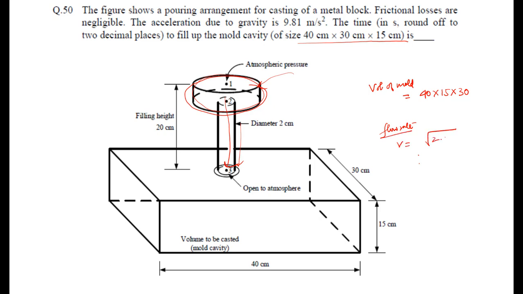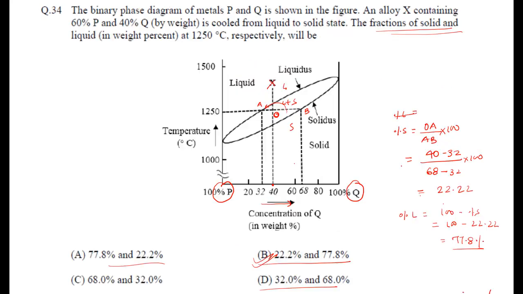So velocity will be given by root under 2 gs. So this implies 2 and g it is given in meter per second square, right? So we will convert it into centimeter per second square. So 9.81 into 100, fine, into height. What is the height here? It is given here, it is 20 centimeter. So let us write 20. Okay, so this will be your velocity.